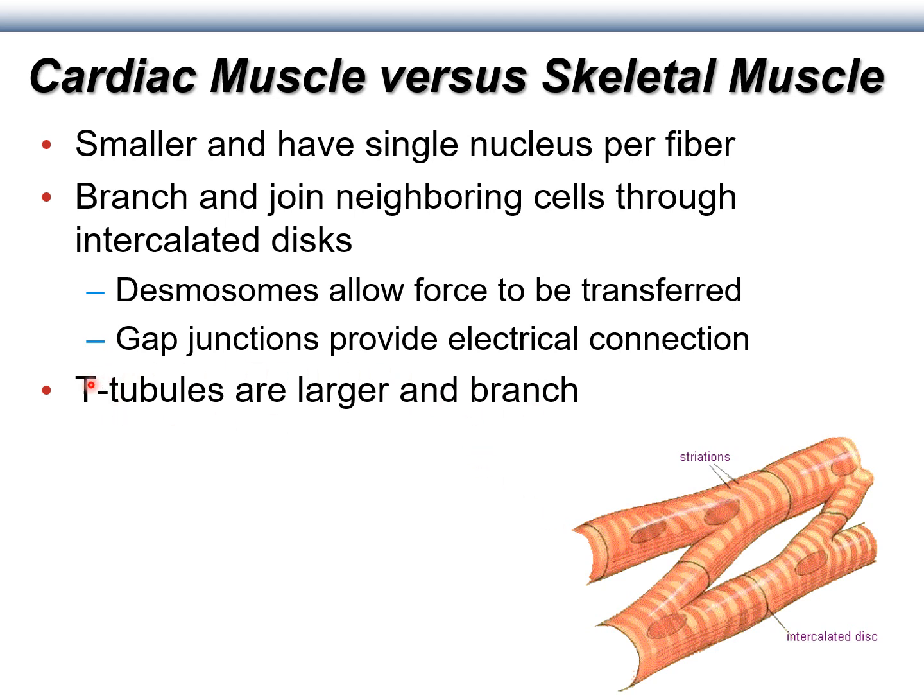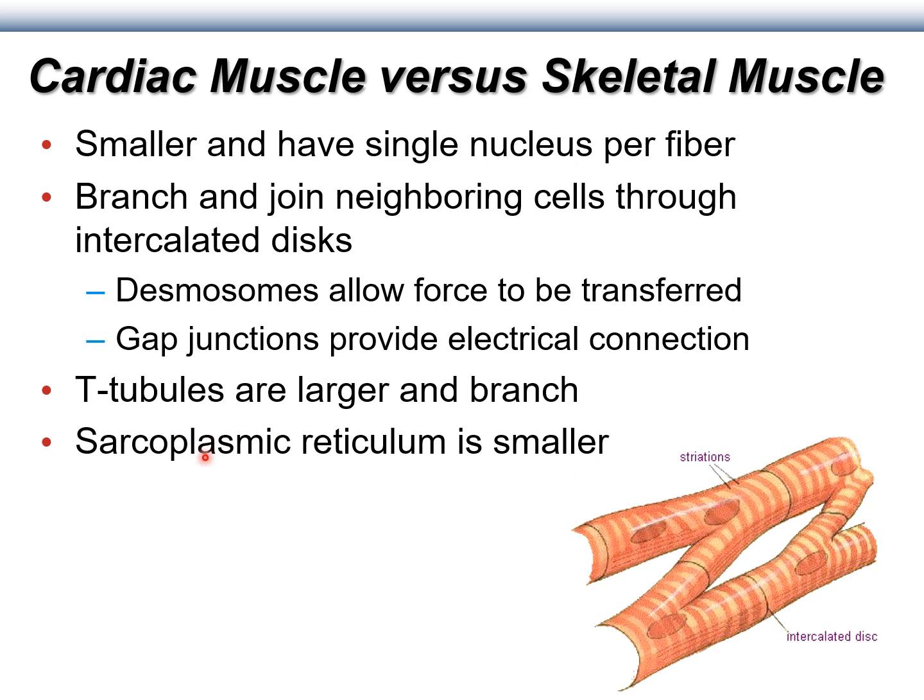That's because we are more dependent on synchronous contraction in the heart than perhaps the skeletal muscle. Yes, if a skeletal muscle contracts asymmetrically, it's painful, but it is not a potentially life-threatening situation. So we have a lot more T-tubules. That's because we very much need unified contraction in the cardiac contractile fibers.